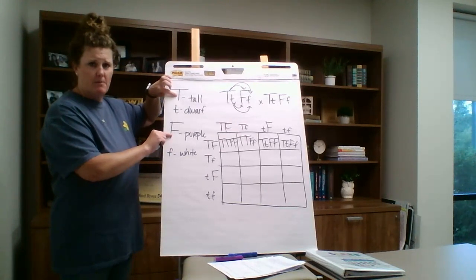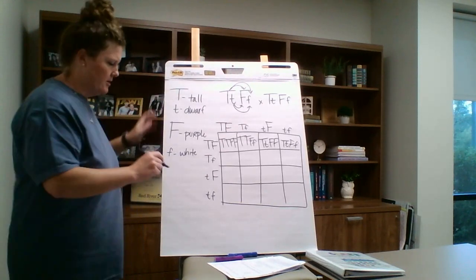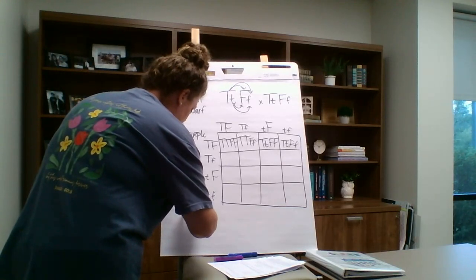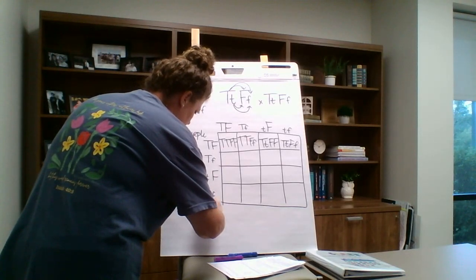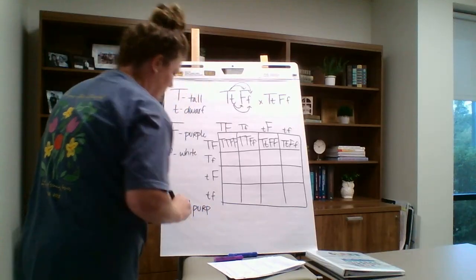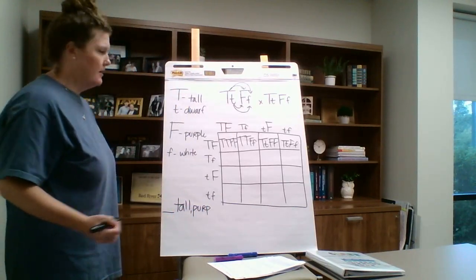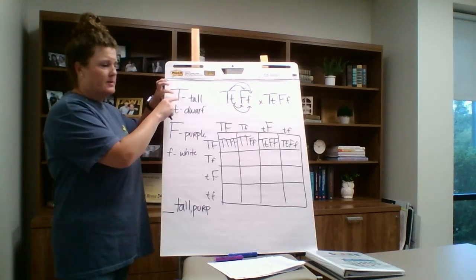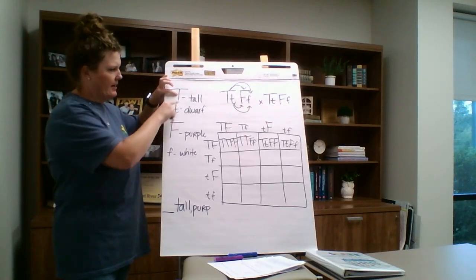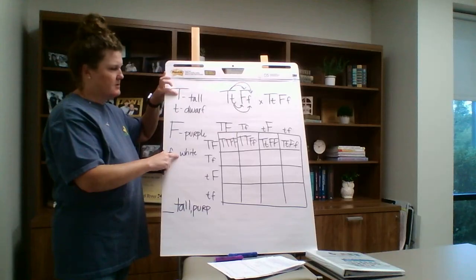You could have dom-dom, which are the 2 dominant traits. So one possible phenotype is tall and purple, okay? And we're going to put how many of those we get. All right, the second possibility is dom-rec. I can have the dominant of first, recessive of second.